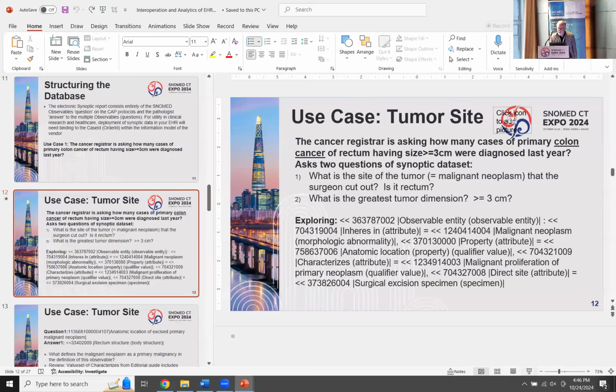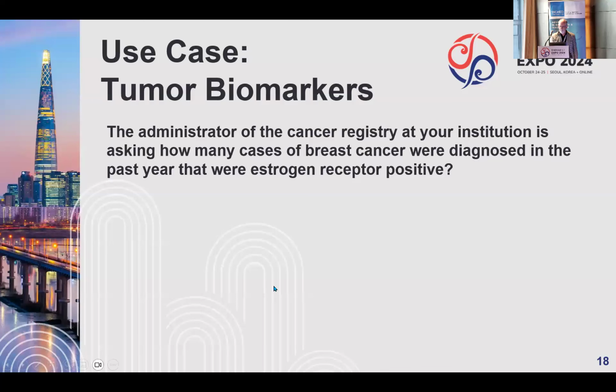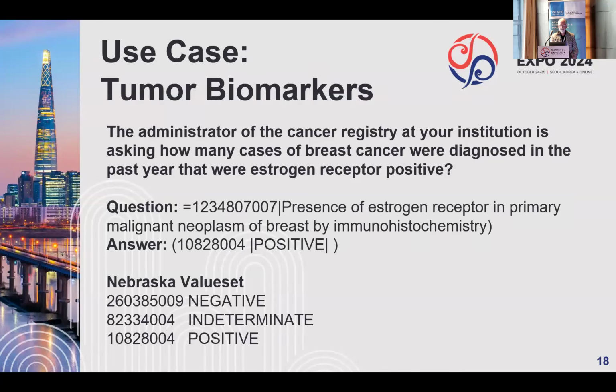As far as the previous is concerned, the question here is the presence of estrogen receptor in the primary malignant neoplasm of the breast. And the answer that we'd be looking for would be positive, because this is an observable with a nominal result.